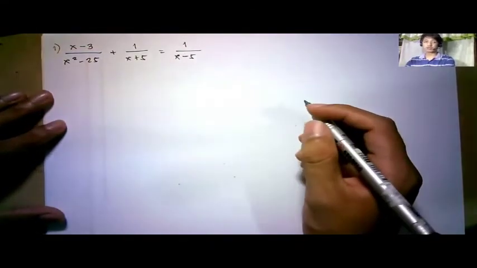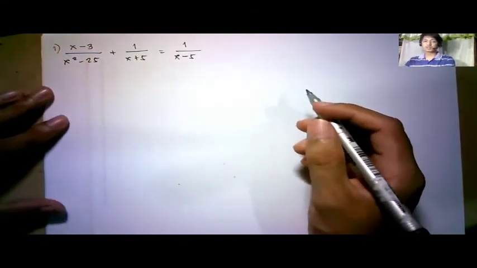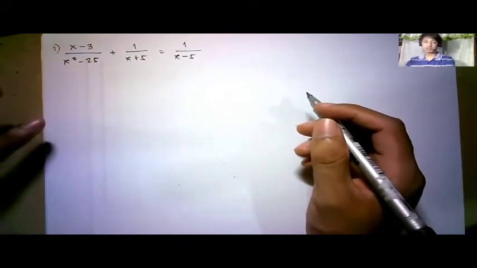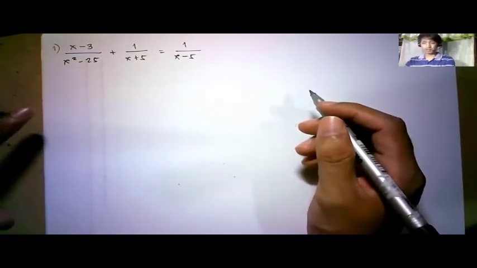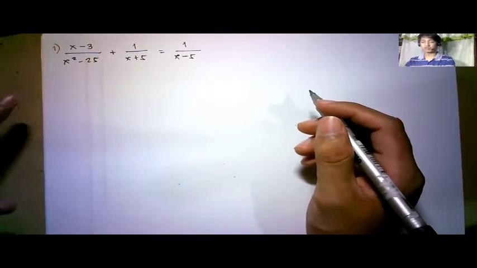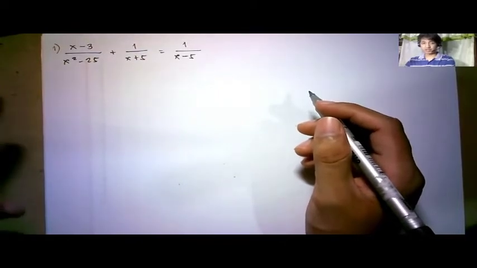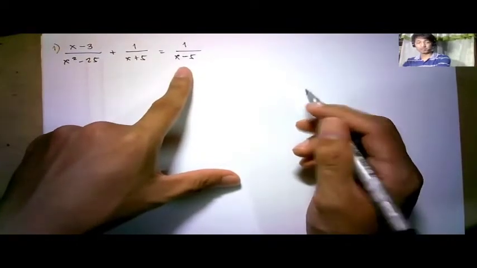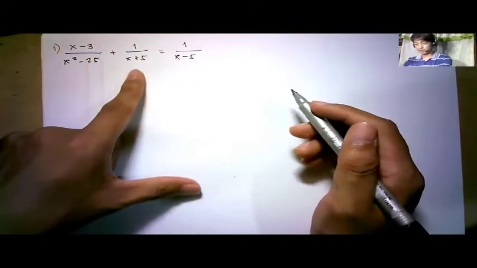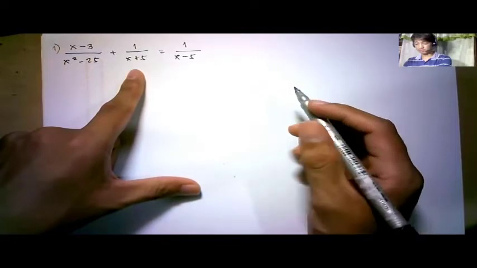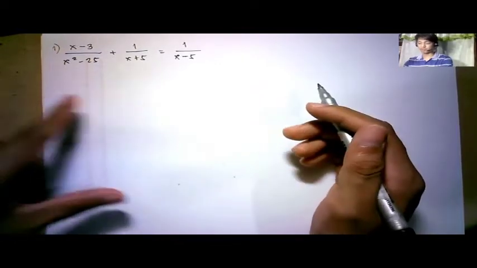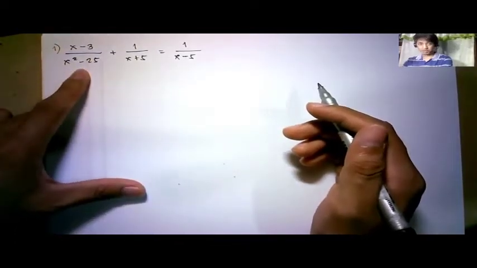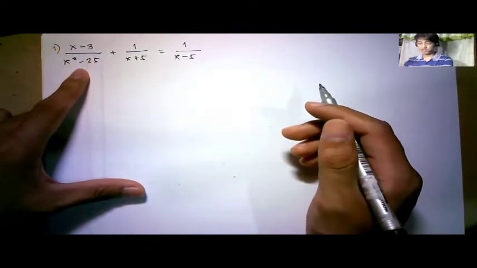Okay, so how are we going to solve this? So again, make sure that the rational expressions are in their simplest form. Okay, so 1 over x minus 5 is already in its simplest form, while 1 over x plus 5 is already in its simplest form. But this rational expression is not in its simplest form.